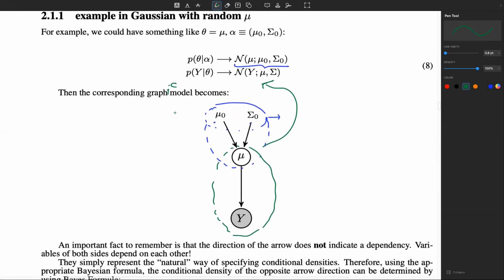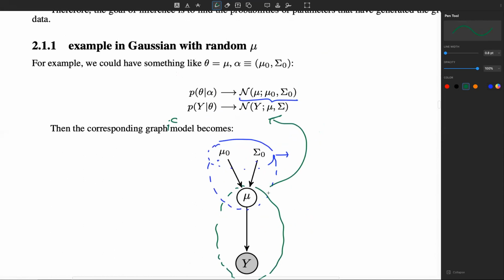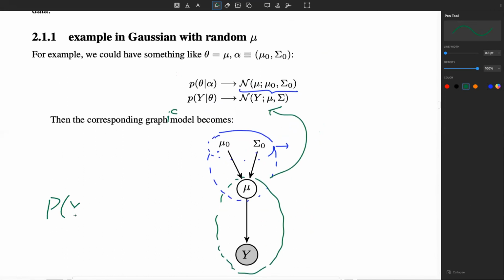Here is the mistake a lot of people are making. What do you think these arrows mean? A lot of people think these arrows mean dependency. Do you think that's true or not? If you see an arrow like that, people will say P of Y conditioning on mu is not the same as P of Y, so Y and mu are not independent.